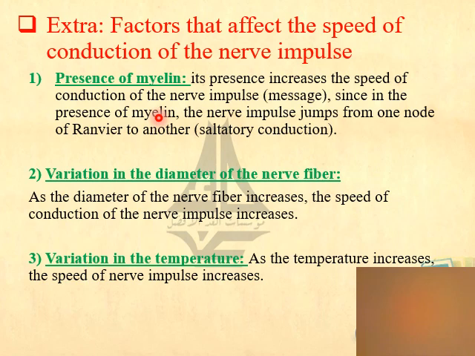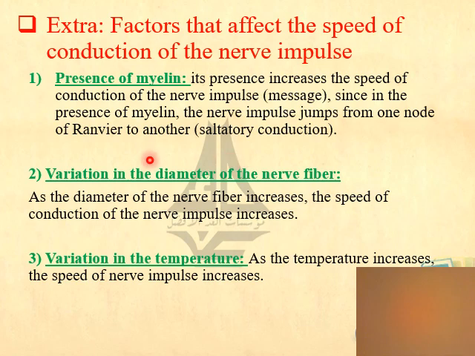In this case, the message is faster than the one that moves along the unmyelinated axon, because it moves all along the unmyelinated axon, so it takes more time. So the presence of myelin facilitates and speeds up the propagation of the nerve impulse along the nerve fiber.